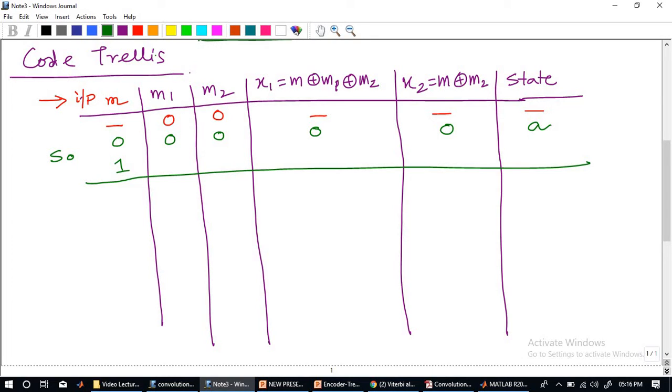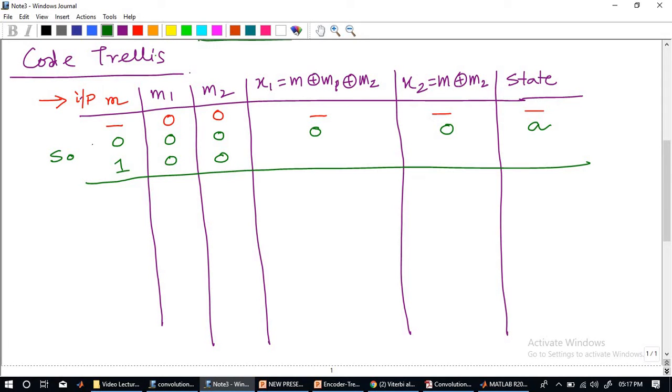I'll go slowly, but this is fundamental to any Viterbi decoding, which will come after this. Now, given that 0, 0 was the state and 1 has come in, what will be the state? So 0, 0 is the initial state. Suppose this is the other condition, because ideally input can be 0 or 1.